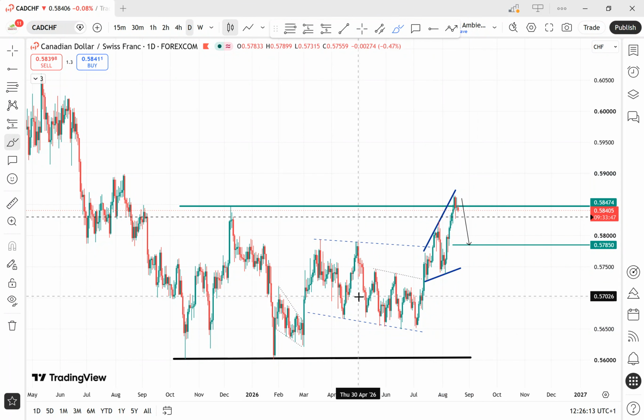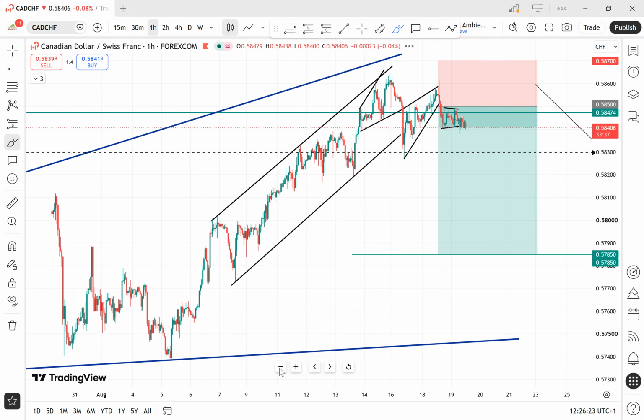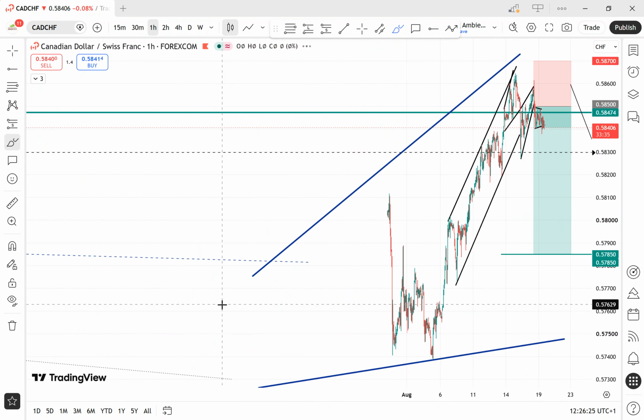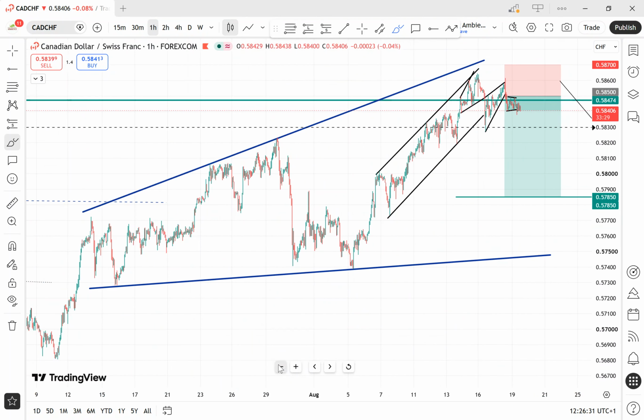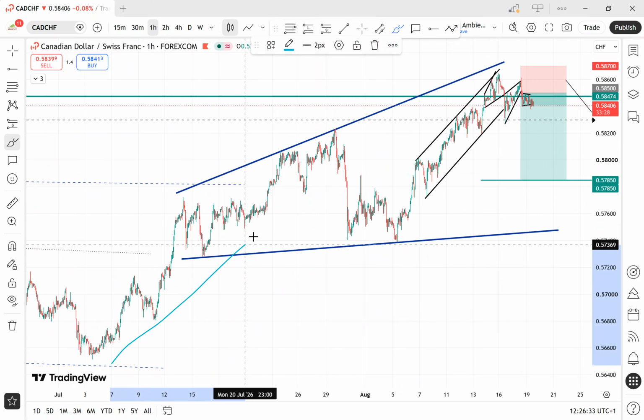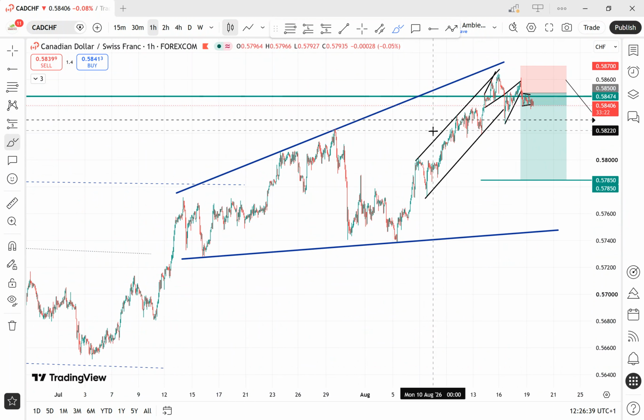So let's go a bit lower to see what is actually happening with that structure and how the price approached the previous high. On the higher time frame, this is what we have here. We identified this bullish impulse on the higher time frame, and overall a bearish structure.